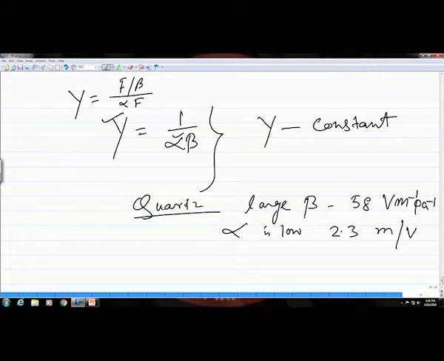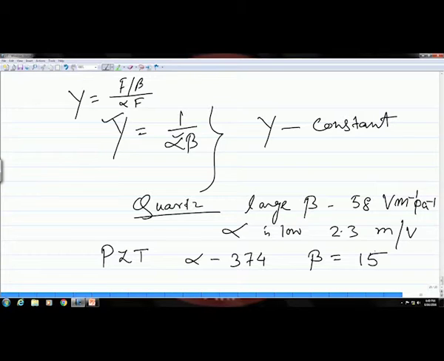On the other hand, if you talk about PZT, it has very high alpha value, which is 374, and it also has a beta value which is high enough, it is not as low as what you have for quartz's alpha, it is 15.